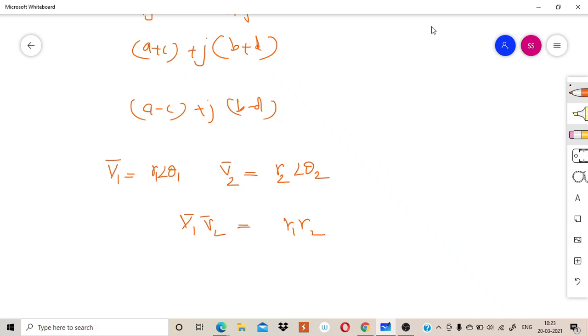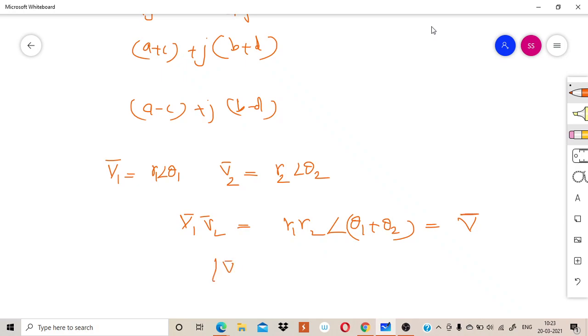Then for the phase angles, the angles are added, theta 1 plus theta 2.